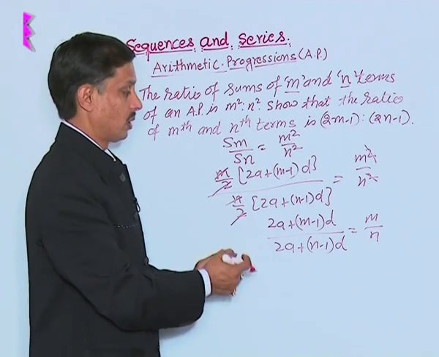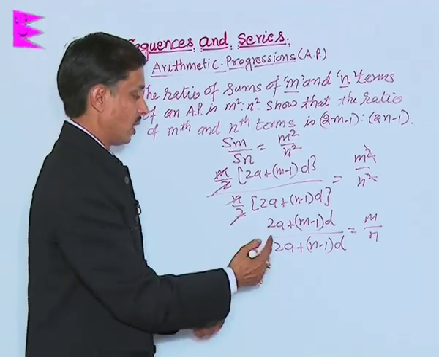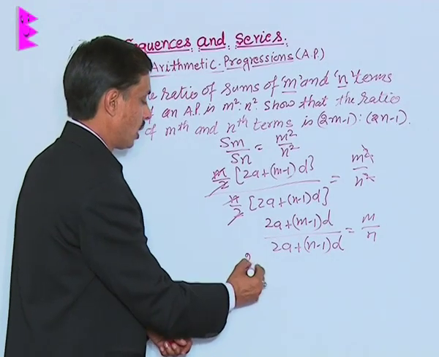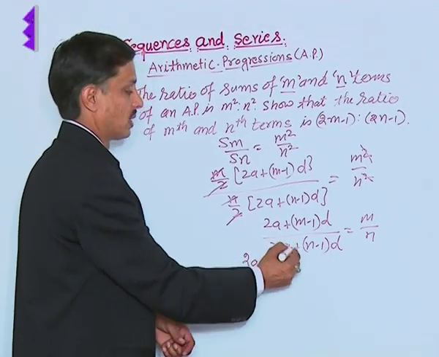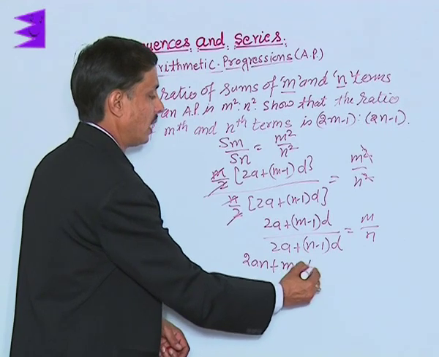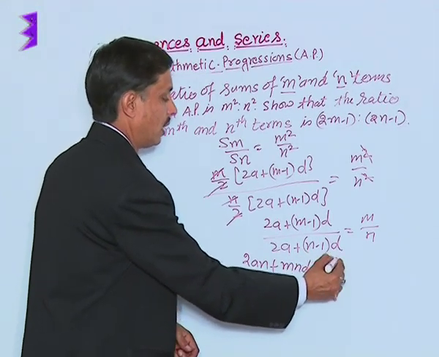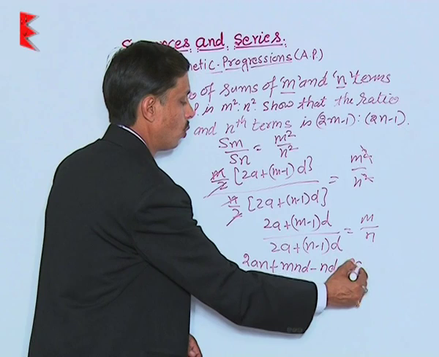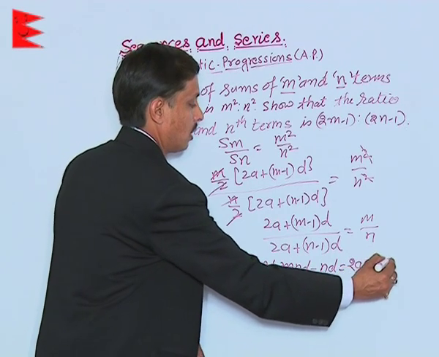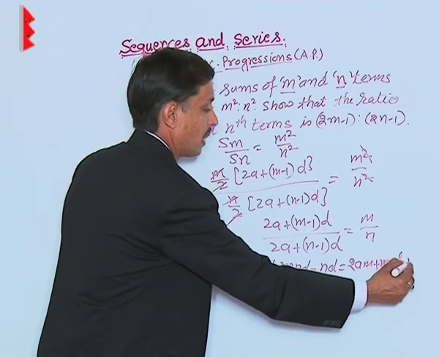If we do cross multiplication, we will obtain 2an plus mnd minus nd is equals to 2am plus mnd minus md.